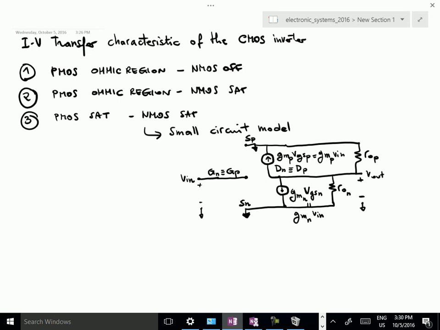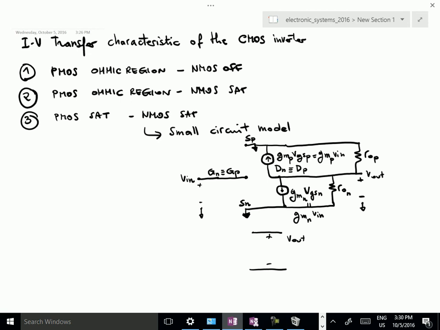So what you should be able to see here is that we can simplify this circuit, and basically we have that the two current generators are in parallel and the two output resistors are in parallel. So this behaves as a single output between the out and 0.